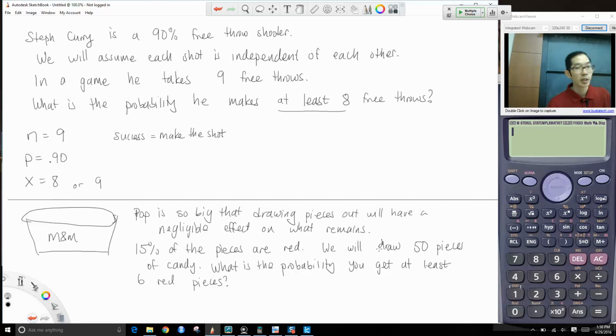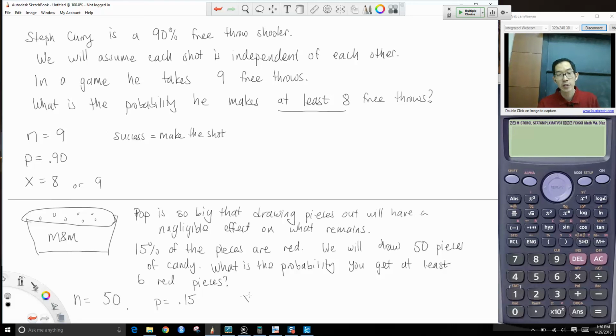Okay, and again, this is a binomial problem in that we are repeating the same thing over and over again. Every time we draw a piece of candy out, that can be treated as a random trial, okay? So we are doing this 50 times. And because we're assuming that the thing is so big and what happens doesn't affect what's remaining, we're going to say that the probability of drawing a red piece is going to stay constant at 15% the whole time.